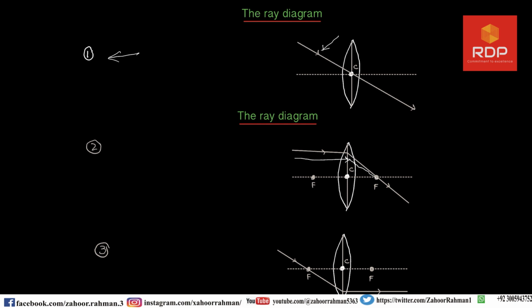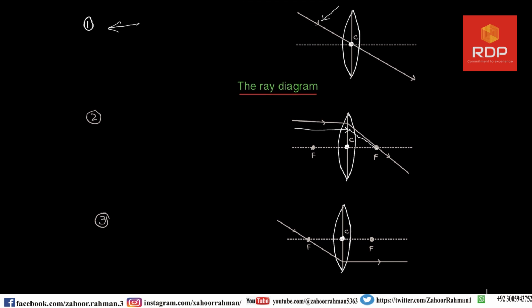Remember, this is the second step, the most important one. If a parallel ray is passing through this lens, it will diverge to the focus point.